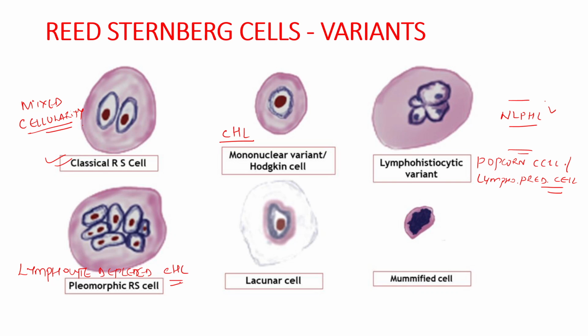Lechner cell has abundant lightly acidophilic or water clear cytoplasm, and it is characteristic of the nodular sclerosis subtype. Finally, there is the mummified cell, which has dark eosinophilic cytoplasm with a pycnotic nucleus. It strongly indicates Hodgkin's lymphoma, but it is not diagnostic of this tumor.